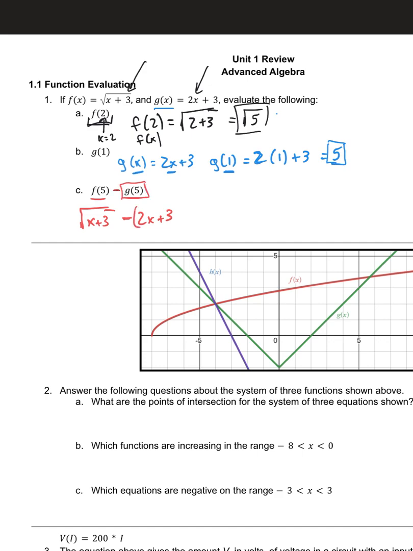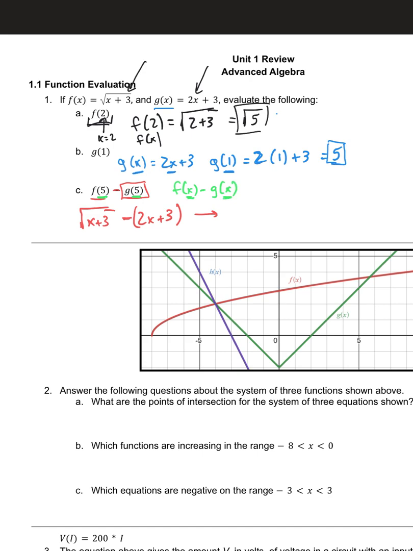Which means we need to make sure it's applied to both the 2x and the 3, and the parentheses will do that for us. Okay, so now let's plug in f of 5 and g of 5, and notice both of these are 5. That's because it's f of x minus g of x, right? And it's x and x.